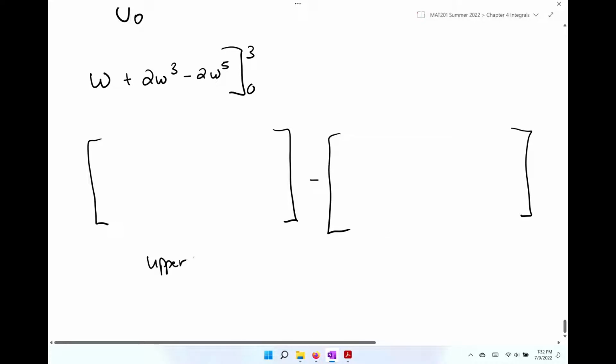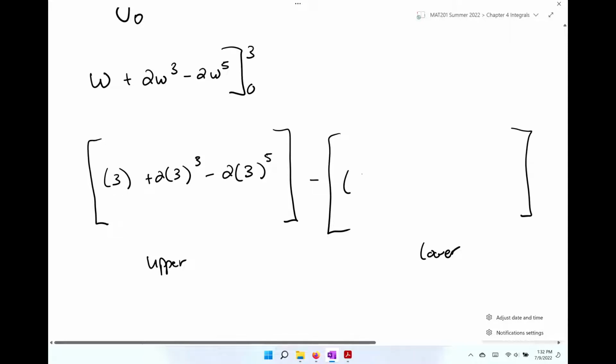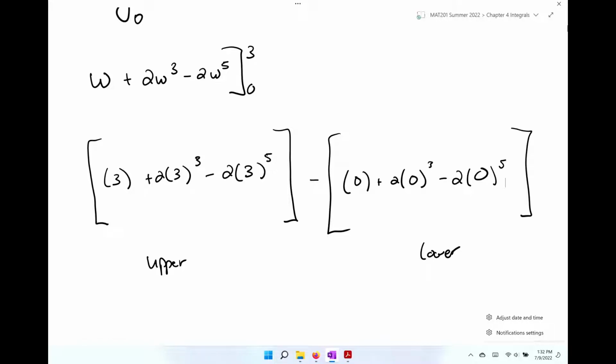Underneath, I'll write upper, lower, and I'm just going to go ahead, like I said, put my parentheses in first, because I'm old school like that. And then substitute a 3 in. And finally, for my lower, I'll do the same thing, put my parentheses in first. And then substitute in my lower bound there.